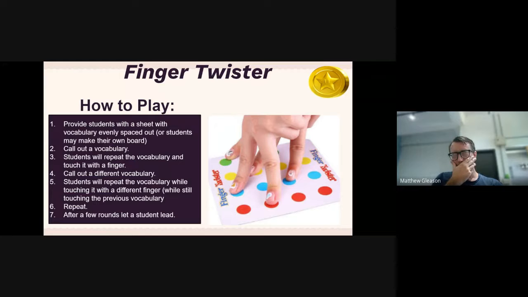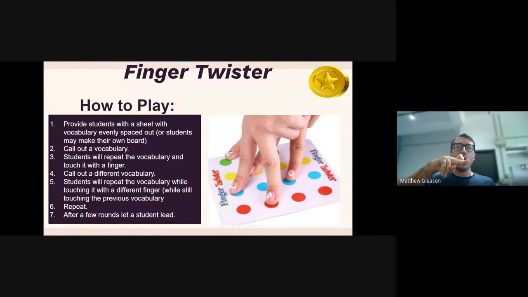All you're doing is, it's not a full body twister, but each student, this is an individual activity. You can even use just your textbook. So the vocabulary page should have like 8 vocabulary words on the page. And you're going to call out a vocabulary word, and students are going to put one of their fingers on that word, right?